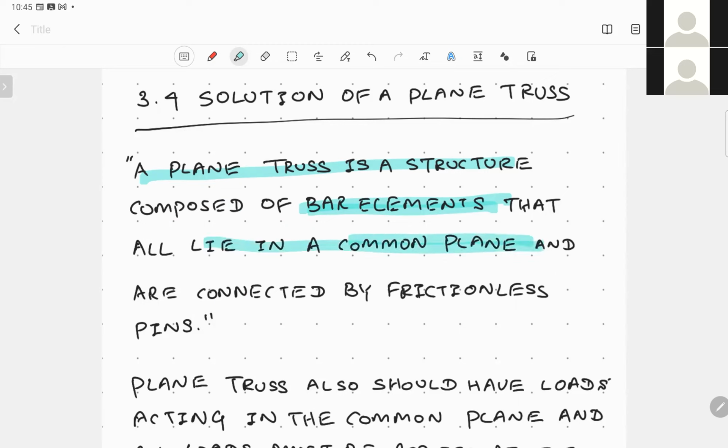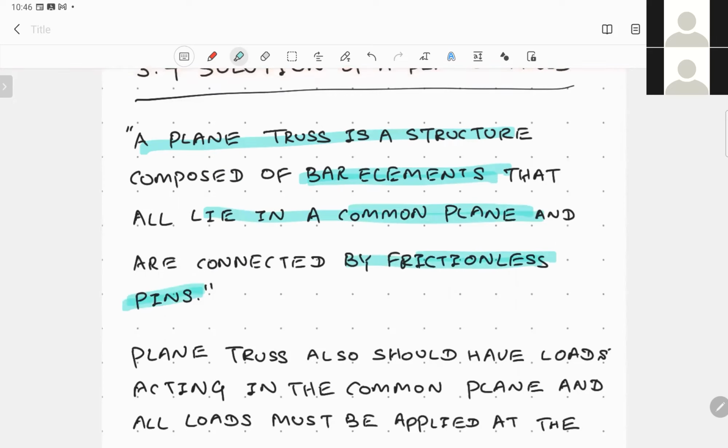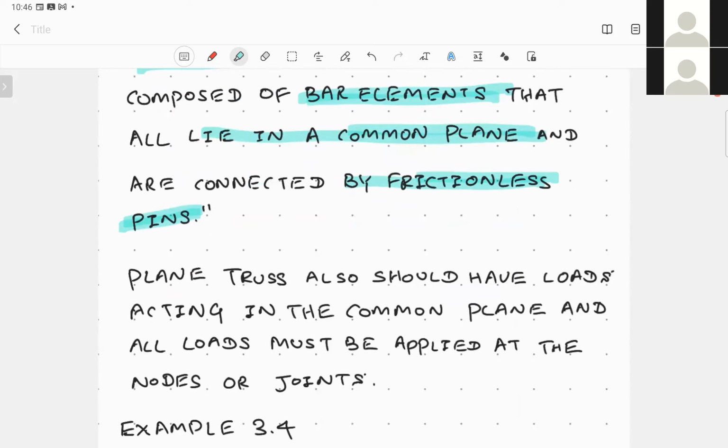So they are not 3D, but they are laid out in 2 dimensions, and they are connected by frictionless pins. So there are no bending moments or shear forces acting at these pin joints. This is the intention.